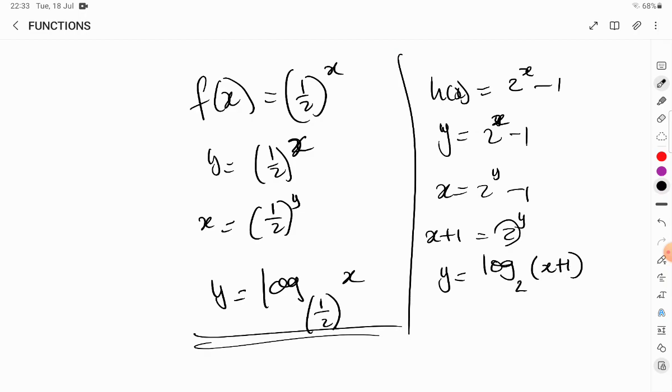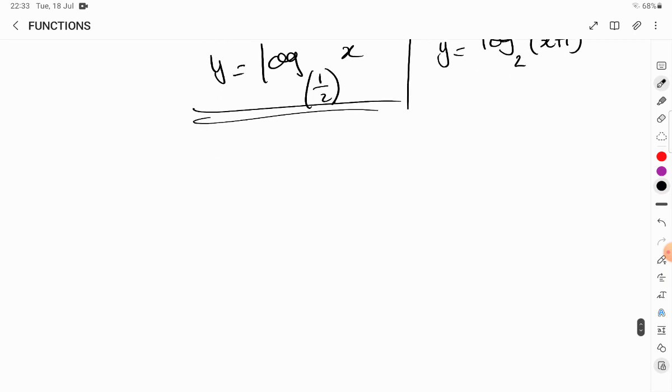Please make sure that you do get this. One last example, you've got g of x is equal to 2 to the power minus x plus 2. You want to take the inverse for this graph. Again, this becomes y is equal to 2 to the power minus x plus 2, right?